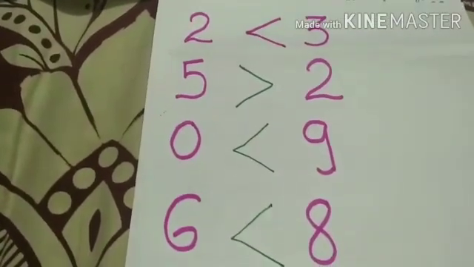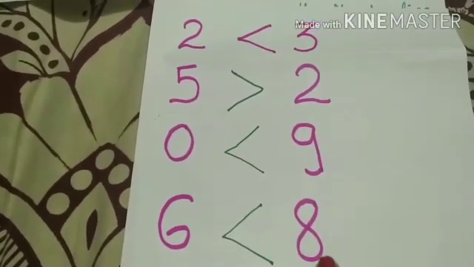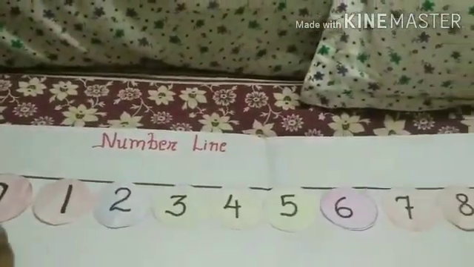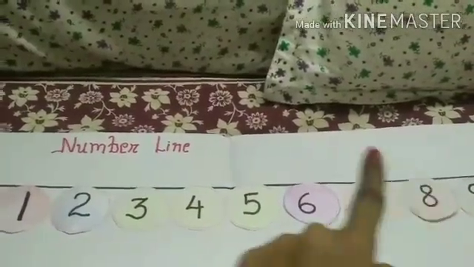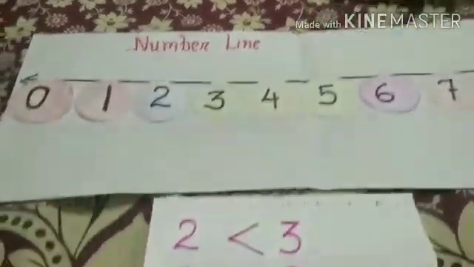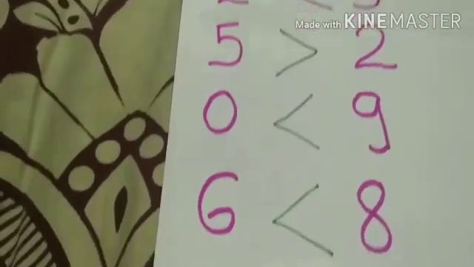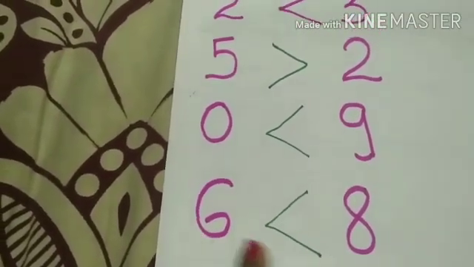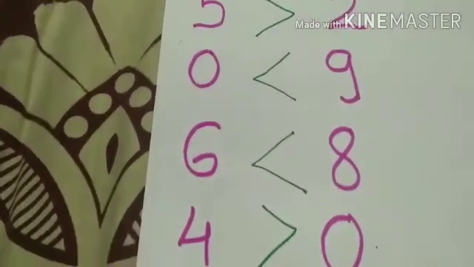Now next numbers, 6 and 8. We'll check on the number line. 6 is near to 0 and 8 is far away from 0. So we'll put the sign of less than because 6 is smaller than 8.